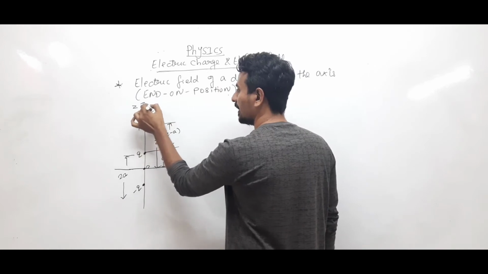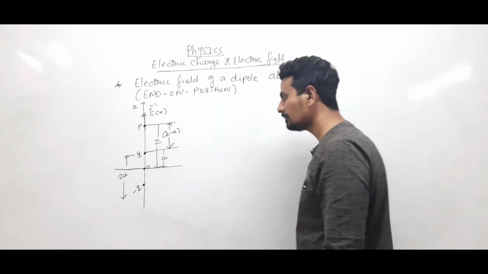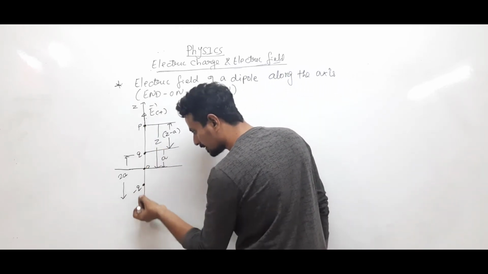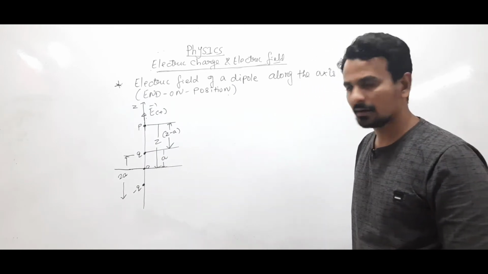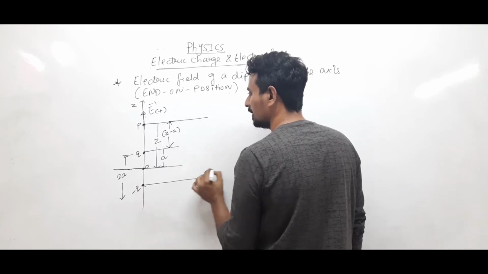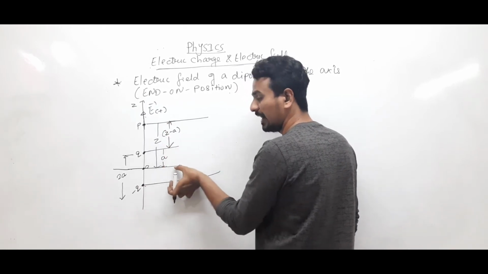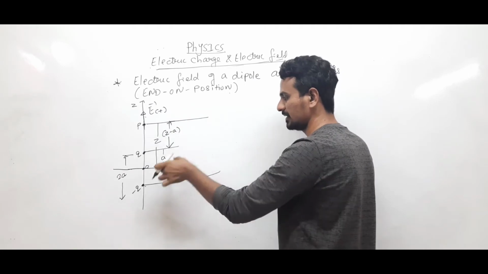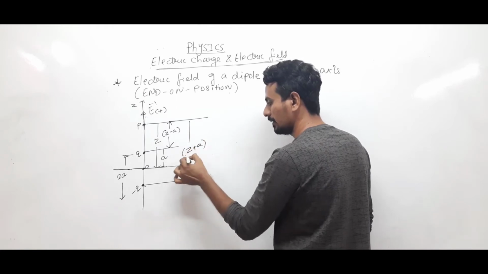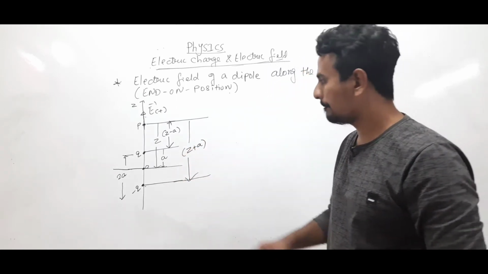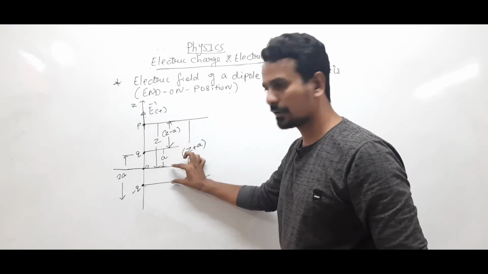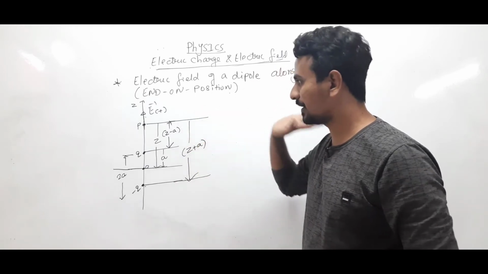Now the negative charge will produce the electric field in this direction. The distance of the point from the negative charge will be z plus a, because this is z and this is a.